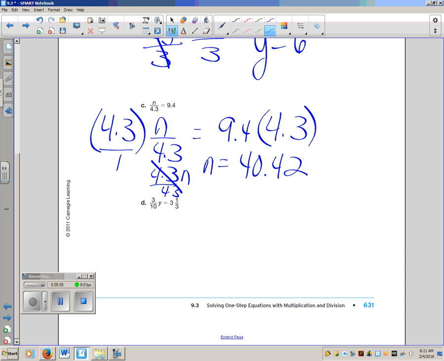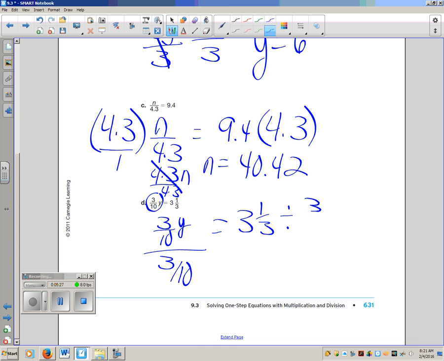Another one, 3/10 y equals 3 1/3. This is multiplication. So you have to divide. It's going to look weird, but that's all right. Equals 3 1/3 divided by 3/10. 3/10 divided by 3/10 is 1. So I take care of the left side. On the right-hand side, you need to divide that out.